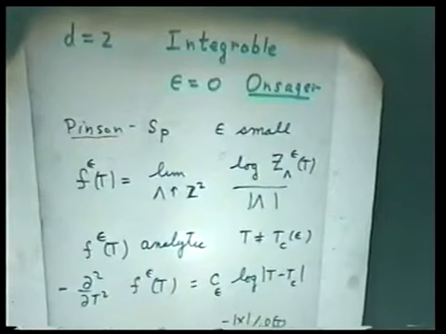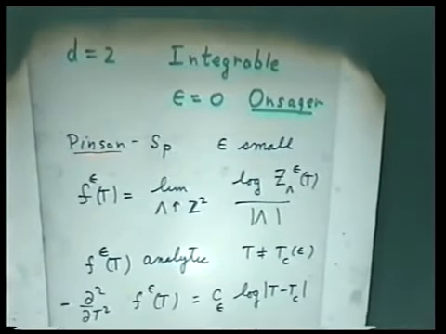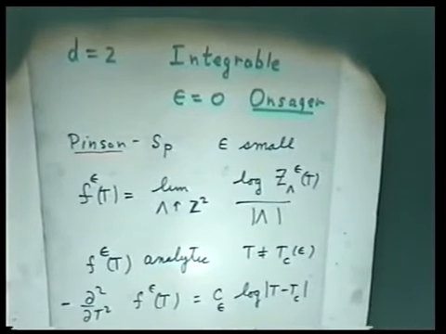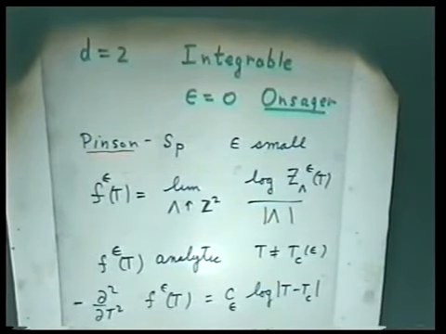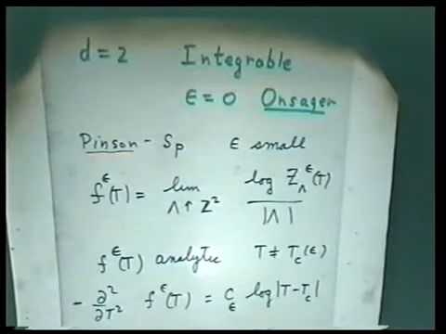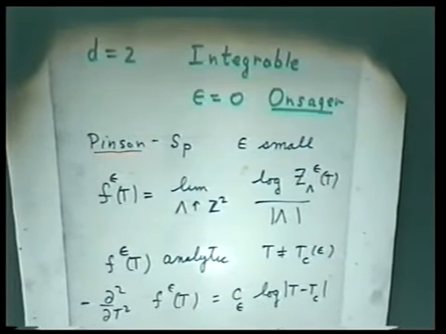And then you take the log, because the thing grows exponentially as the volume gets big, so you should take the log and divide by the volume, and take the limit as the volume goes to Z2. And this is the thermodynamic limit, and this limit exists under great generality. This is called a free energy, and it depends upon epsilon.